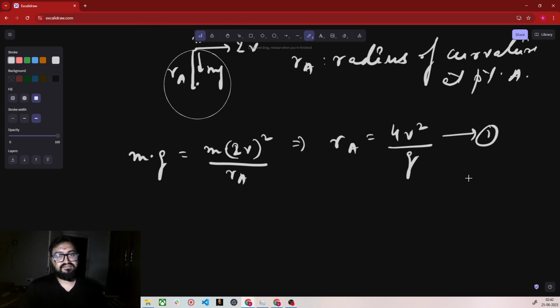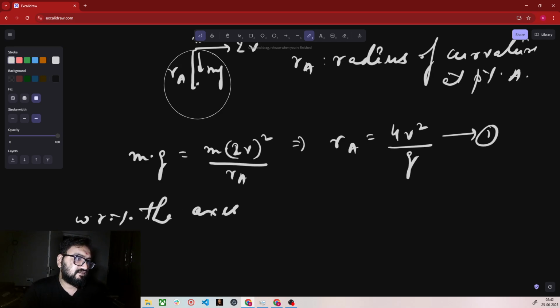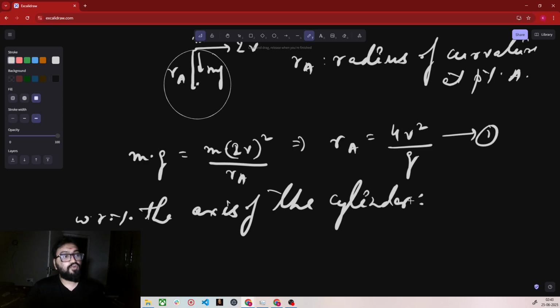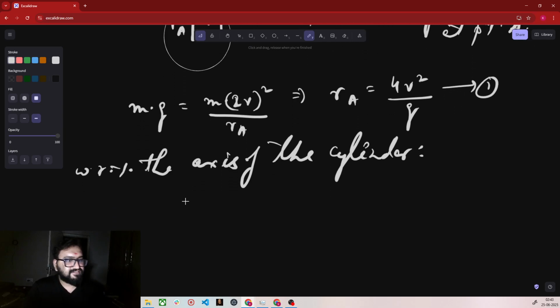I can write down one more equation. Now with respect to the axis of the cylinder, the particle at point A is moving in a circular path of radius r. With respect to the axis of the cylinder, what will the velocity of point A be?